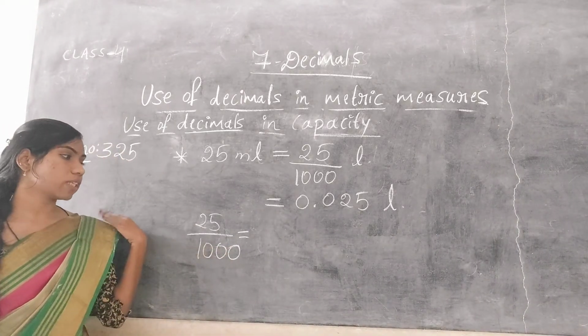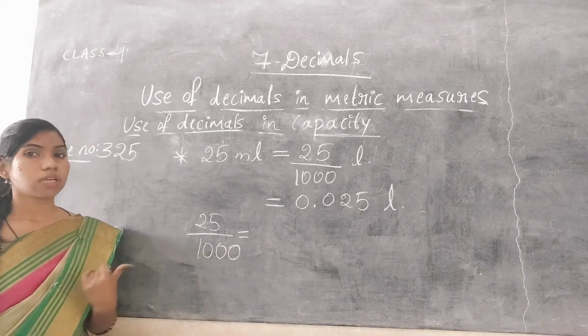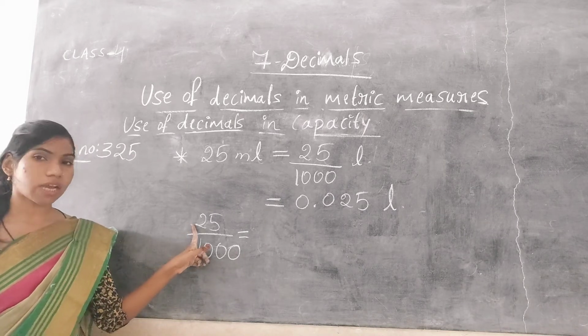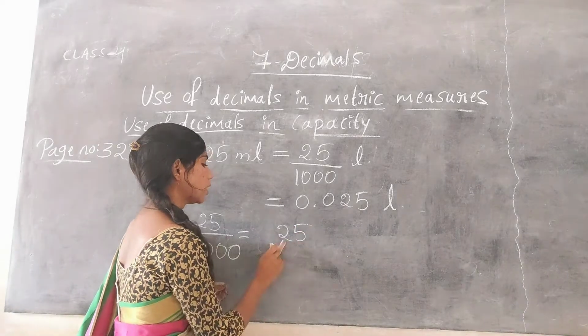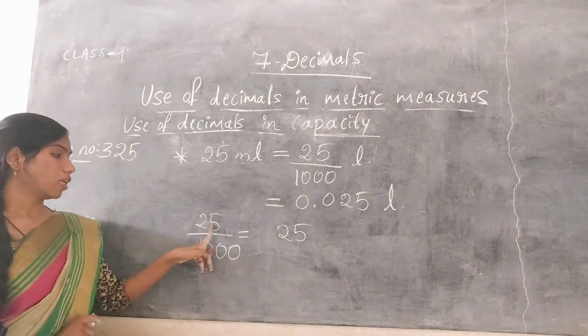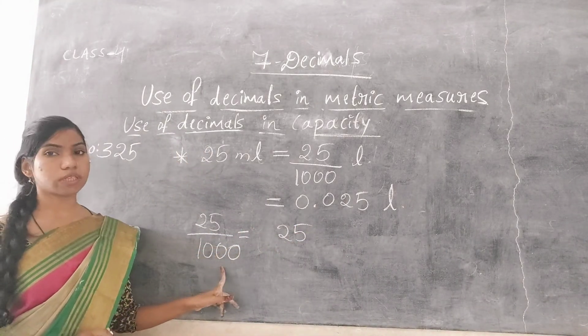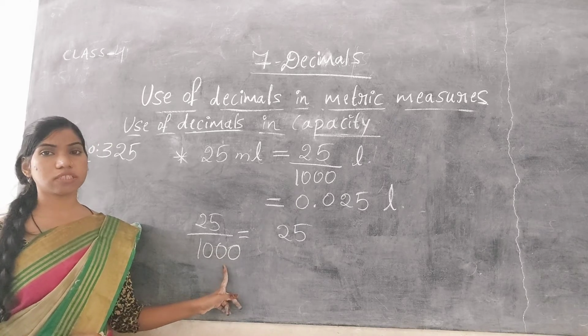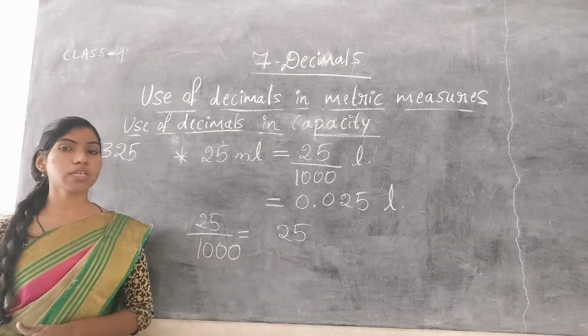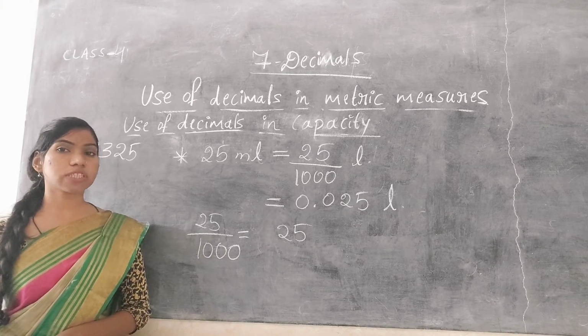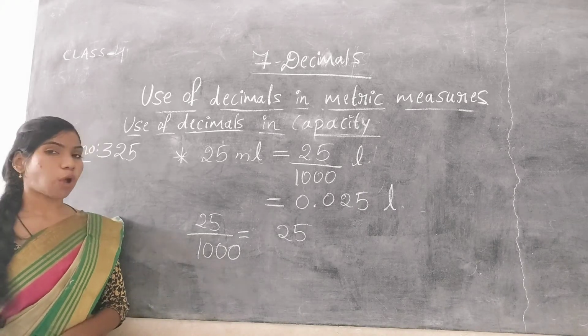Here the numerator is 25 and the denominator is 1000, which has 3 zeros. To convert this common fraction into a decimal fraction, write the numerator and put a decimal point after the third digit from the right.